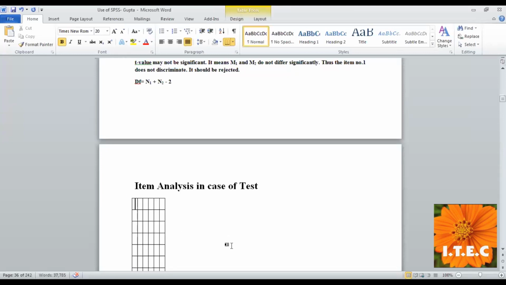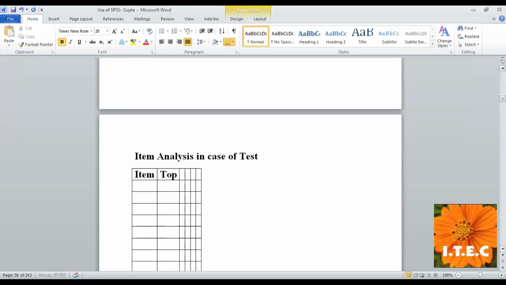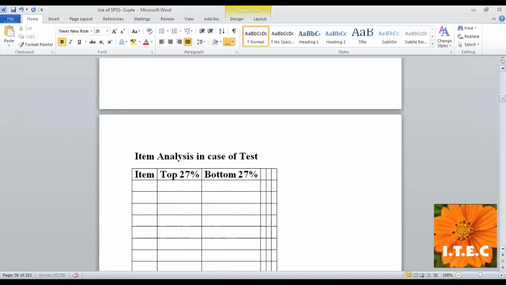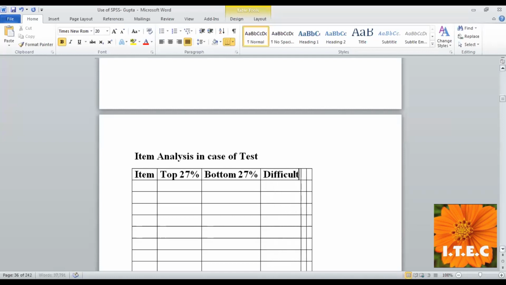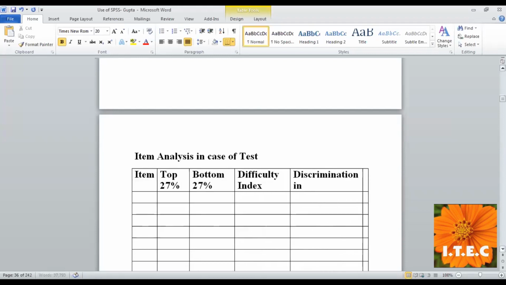So now you have, here is item, and here is your top 27%, and here is your bottom 27%, and then this is your difficulty index, and this is your discrimination index.